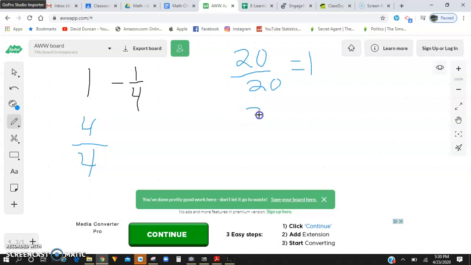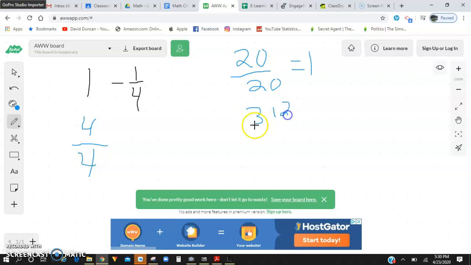I could have 312 over 312. That's still going to only equal 1 whole. So I can make this any fraction I want. The 1 whole, I can make it any fraction as long as it has the same number in the numerator as in the denominator.